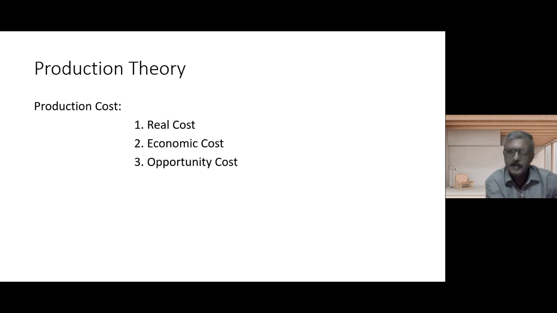Starting from real cost. What is real cost? Real cost implies the total money that we have incurred in producing X units of goods, and also the money which we have not incurred, but it has been indirectly levied to it.